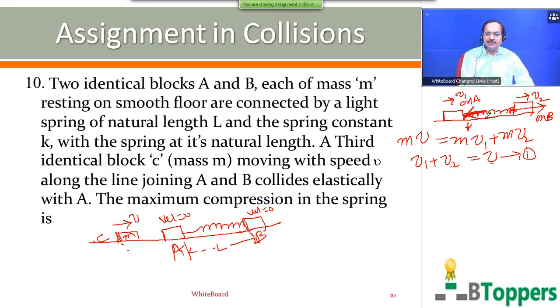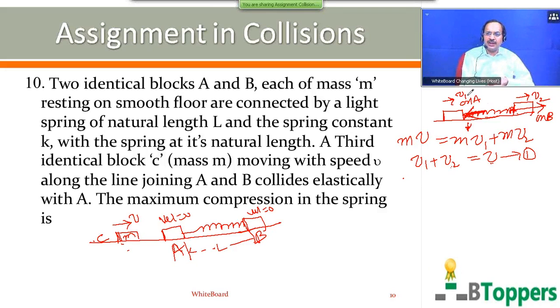So at that instant, the length of spring will be minimum. I mean, as v1 decreases, as long as v1 is greater than v2, the separation between the two blocks decreases.